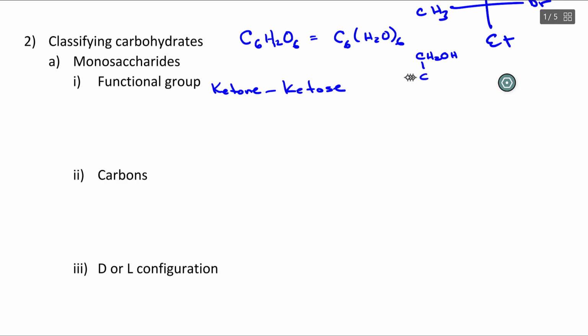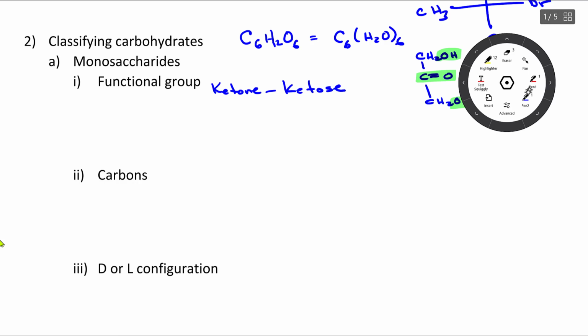This is the smallest of the ketose sugars. This is dihydroxyacetone. You'll notice that it has the structure of acetone, but it has hydroxy groups on the end, and then it's a ketose because it contains the ketone functional group.